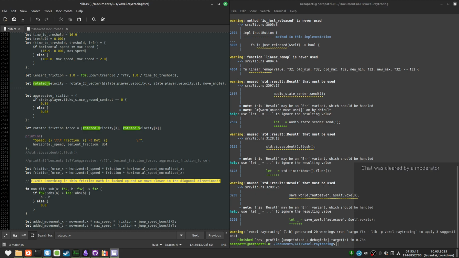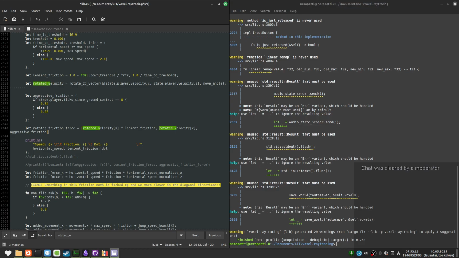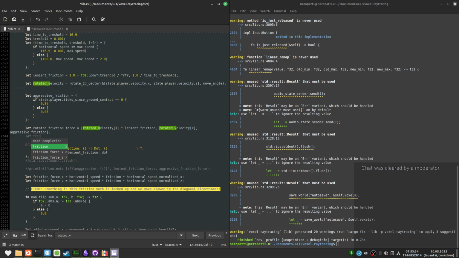And this is the direction we don't want to go. Lenient friction. Aggressive friction. Yeah. And then we want to do this.